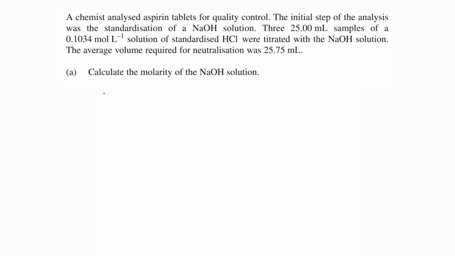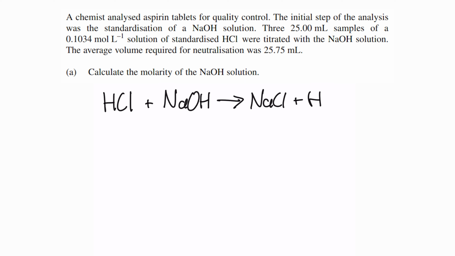So for our final question, again, we're going to write out our chemical equation of our 2 reactants, which is sodium hydroxide and hydrochloric acid. So HCl plus NaOH reacts to form sodium chloride plus water. Everything is balanced, so everything is in a 1:1 ratio. I will then write everything we know.